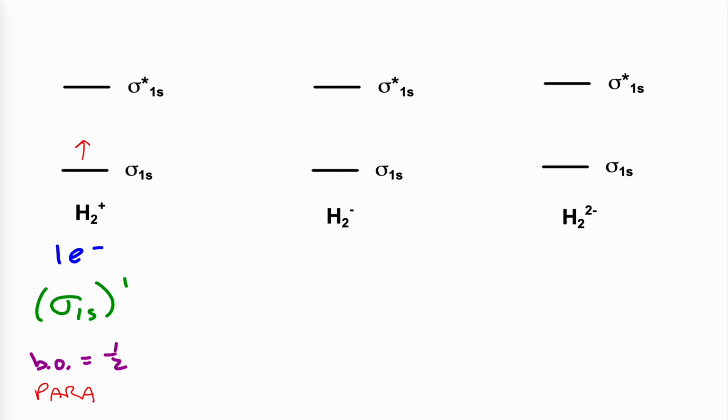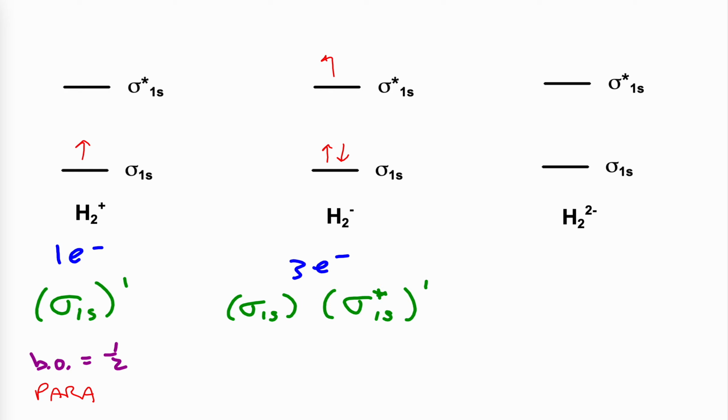The dihydrogen anion would have 3 electrons total. Therefore, its energy level diagram would look like this. We would write the molecular orbital electron configuration as sigma 1s 2, sigma star 1s 1.